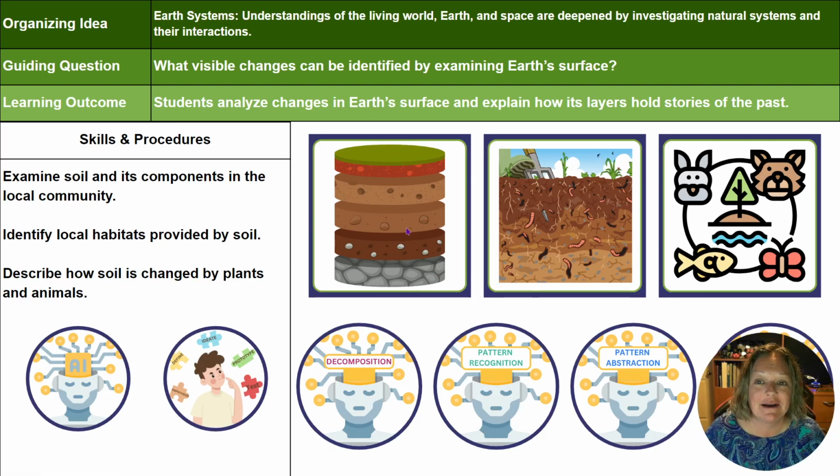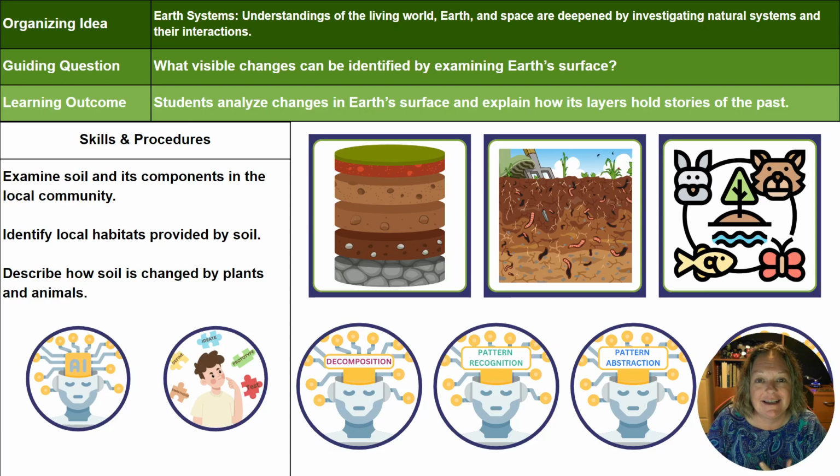We're also talking about soil and all of the components. So this is a perfect way to directly connect in computational thinking. When we are taking dirt and breaking it into its components and its different parts, we are completely decomposing that. We have soil. Let's break it down into its parts so that we can examine each of those and we can look for those patterns.